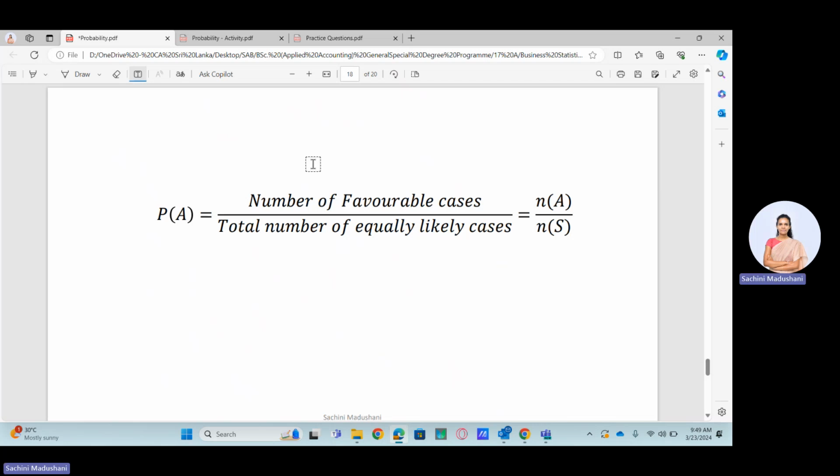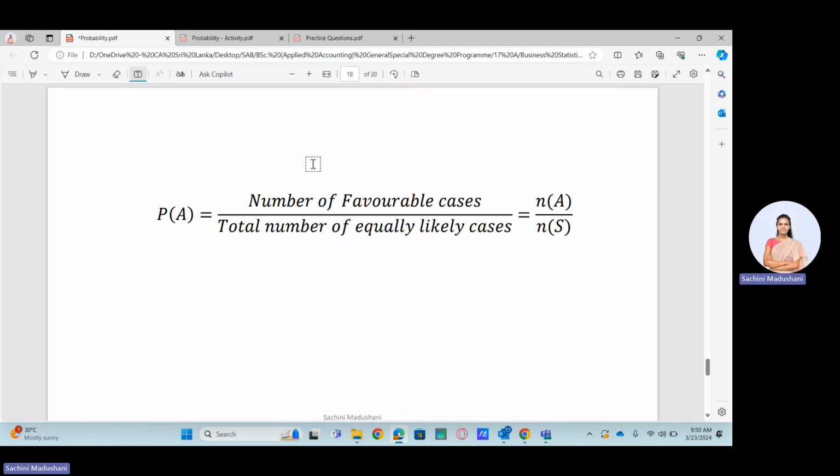Then what can we do? We subtract it once. So we take P(A) and P(B), the intersection is counted twice, then we subtract it once. This theory we call the addition law of probability. This is the way we can calculate the probability of the union using the probability values.